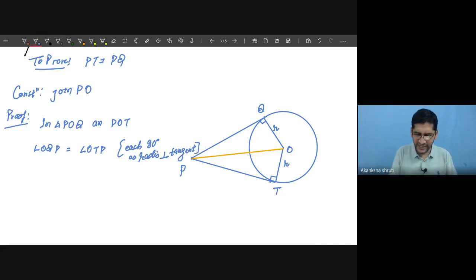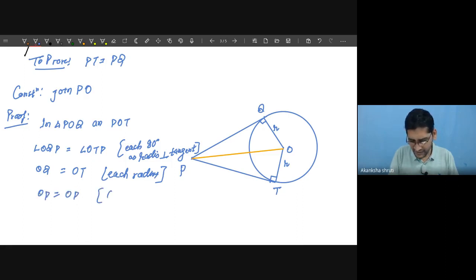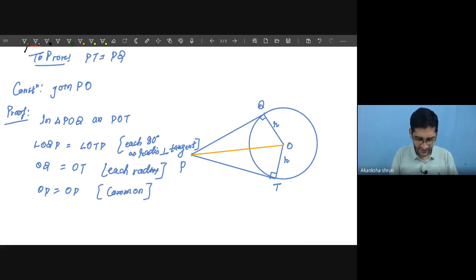Why 90 we have taken? It is because of this. Each one is 90 degrees as the radius is perpendicular to the tangent. Another, OQ is equal to OT. Why? Each is a radius of the same circle. Another, OP is equal to OP. Why? By construction, it is common.